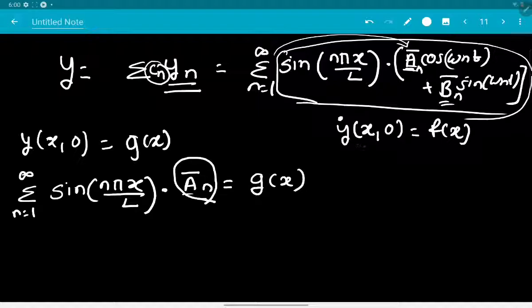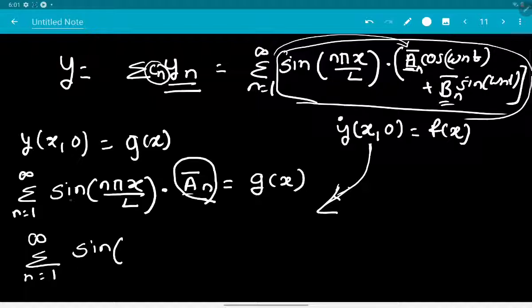If you do so, then you get this other equation, which is equal to summation from 1 to infinity of the sine term. Its sine will remain as sine because we are differentiating with time only.